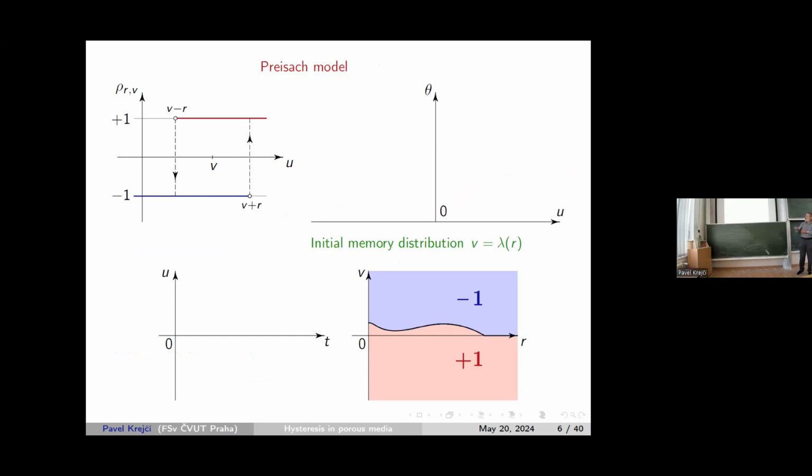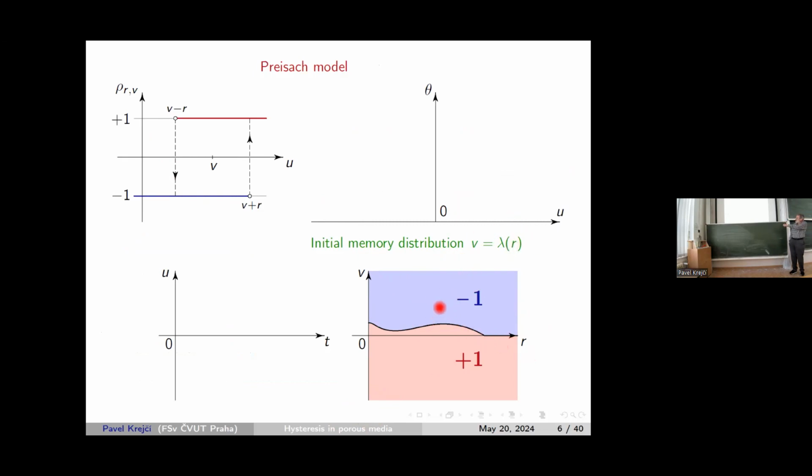So this is one relay. This is the so-called Preisach half plane. It represents the relays with parameters v and r. So r is positive, v is a real number, and we assume that initially there is a line v equal to lambda of r.